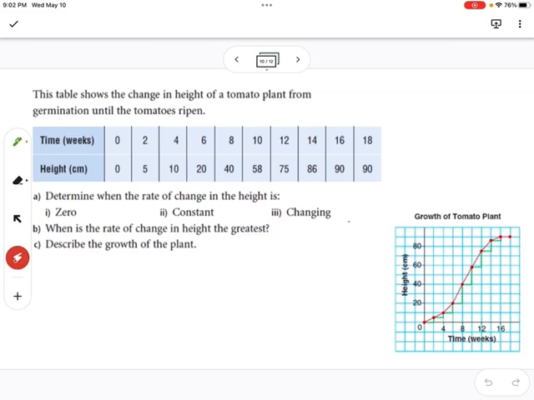Okay, so we're going to notice here that our time in weeks is going up 0, 2, 4, 6, 8, 10, 12, 14, 16, 18, going up by 2 each time. Okay. So that is good. Having your x going up by the same amount each time, we just need to focus on the change in our y, which is our height.